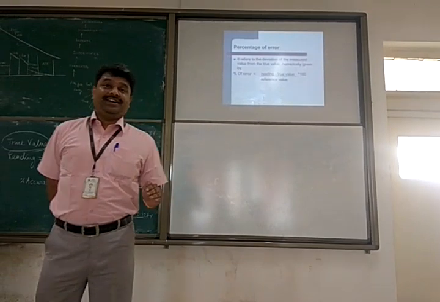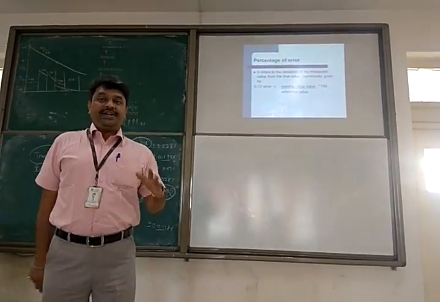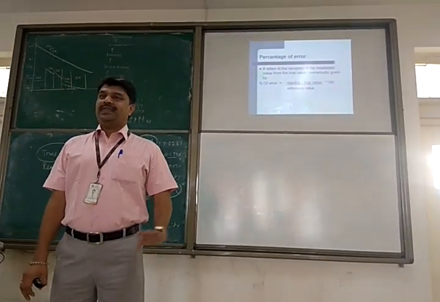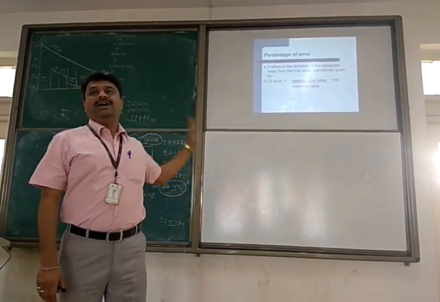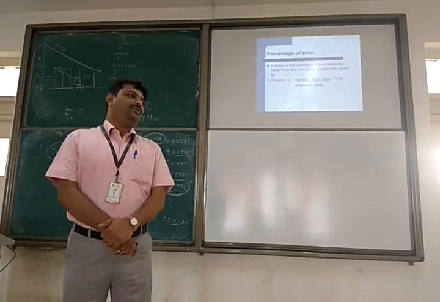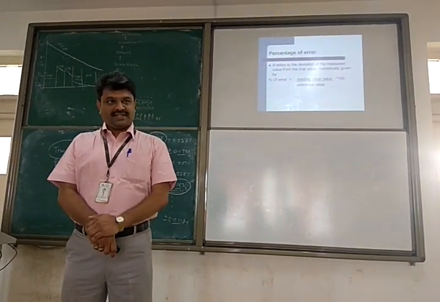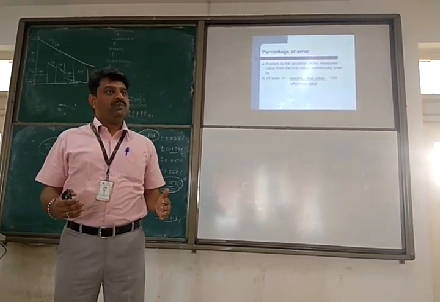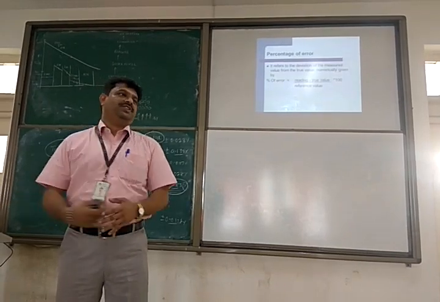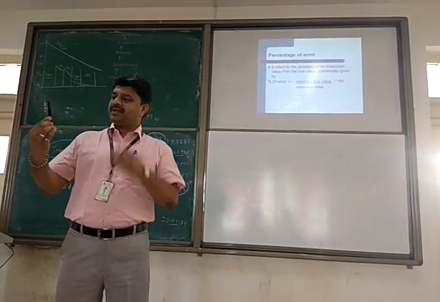What is the difference between percentage of error and the accuracy that we have learned just now? Accuracy is the term attached to the instrument that you are measuring. This is an instrument.